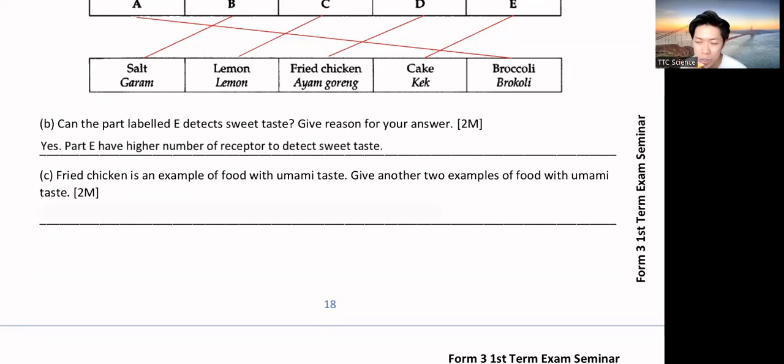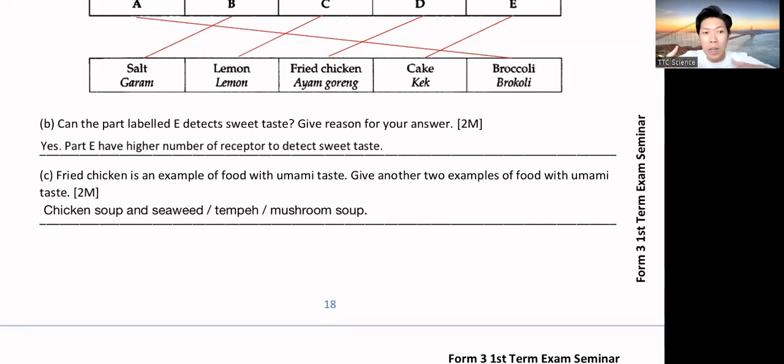Better not write cheese. Don't write MSG also, because MSG is a food additive. It's not a food by itself. MSG is not a food. We write a food like that.